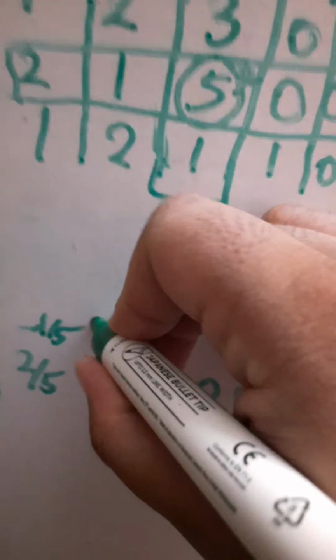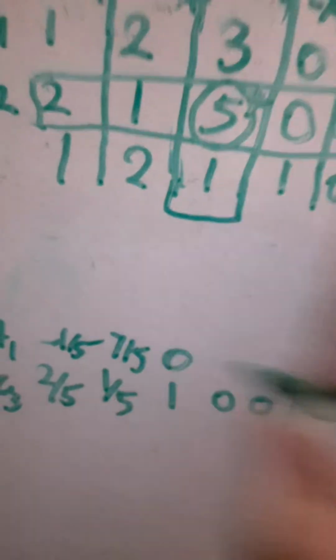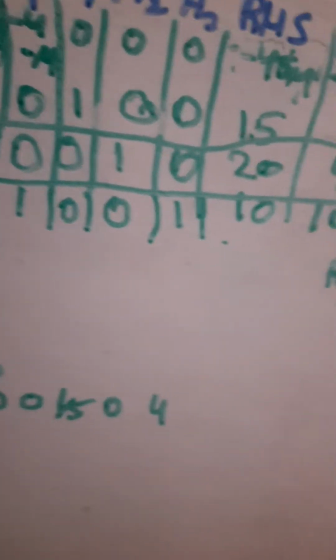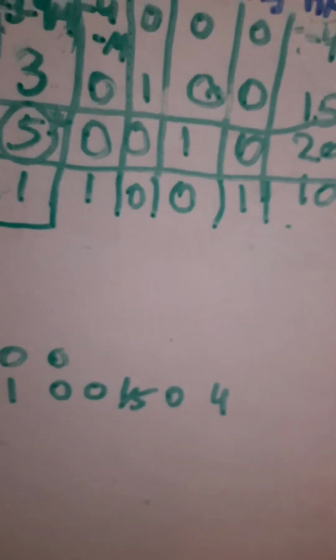Okay, by 5. Now 0 into 3 would be 0. 0 minus 0 would still be 0. 1, right? 0 into 3 would be 0, 1 minus 0 is still 1.